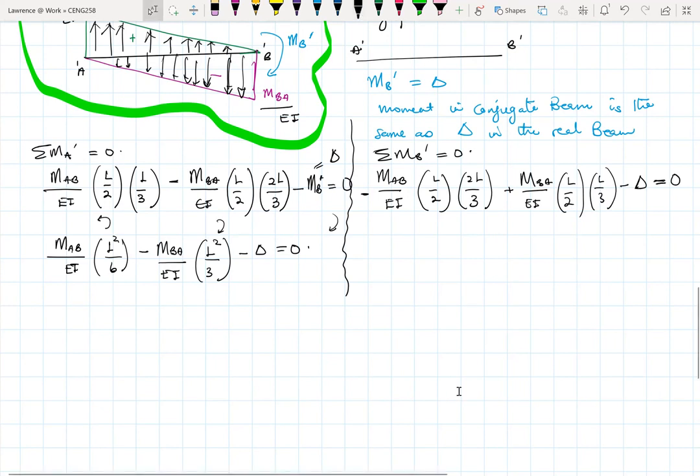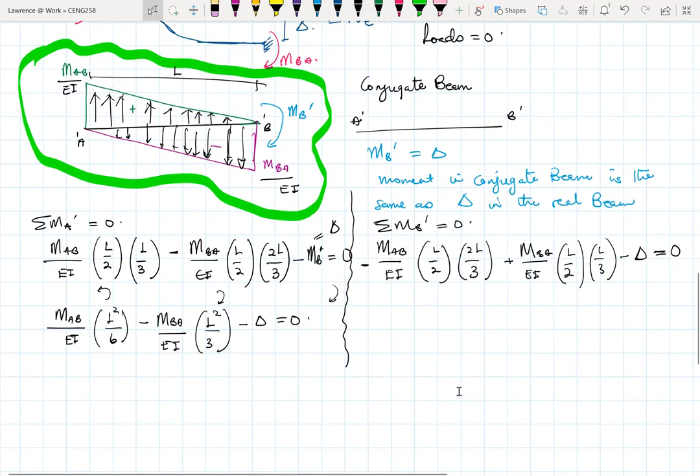With respect to B, this will be anti-clockwise about B, and then this will be clockwise, and this will also be clockwise. So if clockwise are negative, then anti-clockwise are positive, that's also okay. You can just play with the directions. Just decide that all anti-clockwise are positive, or just make sure that one set is positive and the other set is negative.